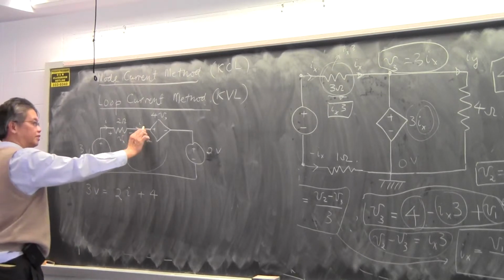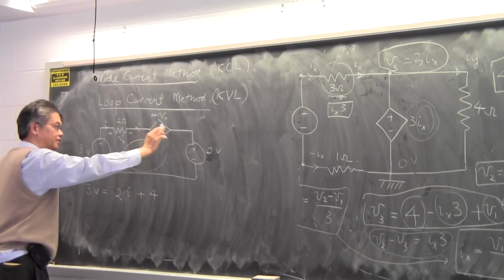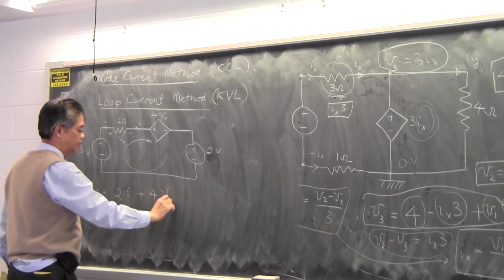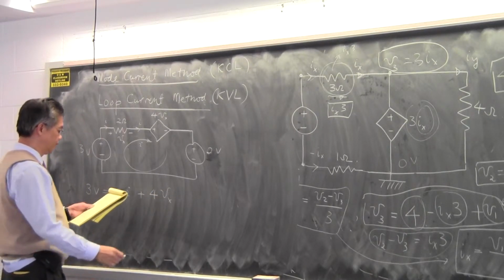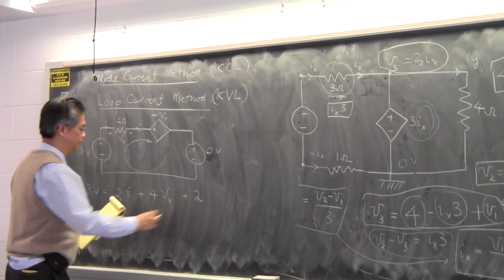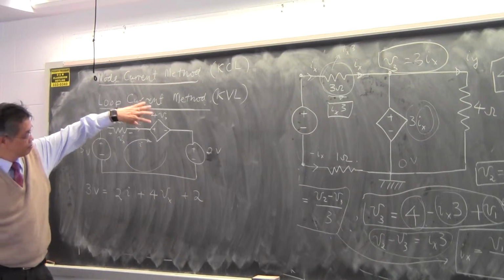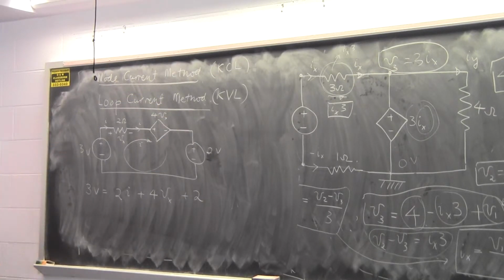There's a voltage drop over here. This voltage is higher than this voltage, so it's 4Vx. And then plus 2 volts. This is just KVL: 3 volts must be equal to this voltage plus this voltage plus that voltage.